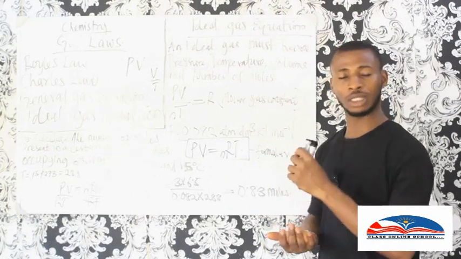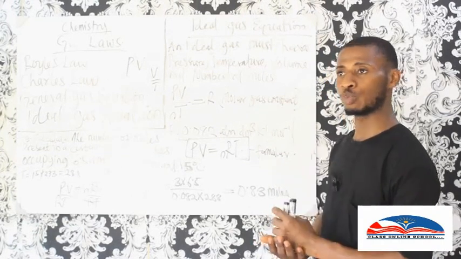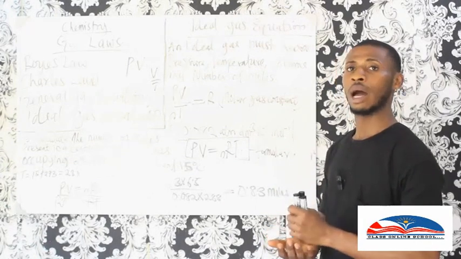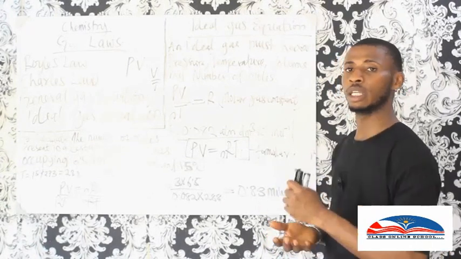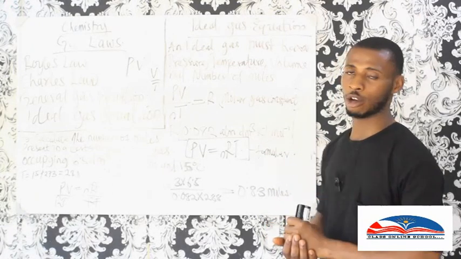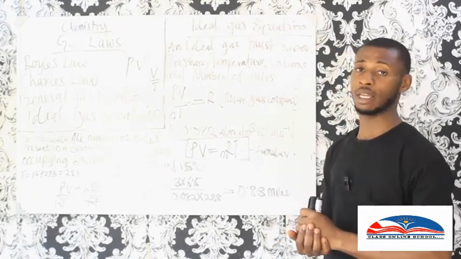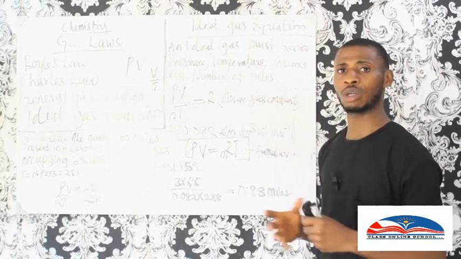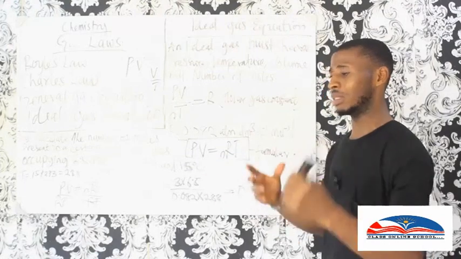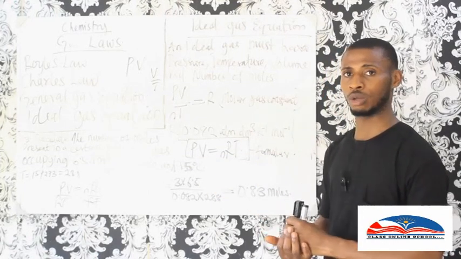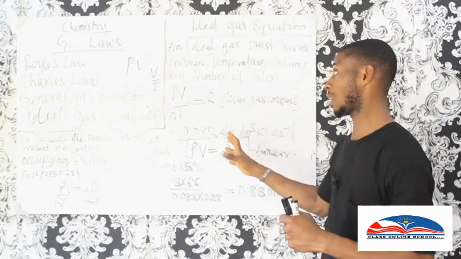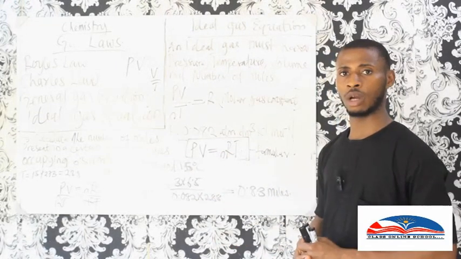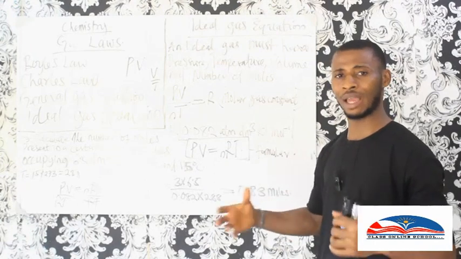While the ideal gas equation says that for a gas to be an ideal gas, it must have pressure, temperature, volume, and number of moles, along with the molar gas constant. These are the gas laws that I know you find interesting to know.